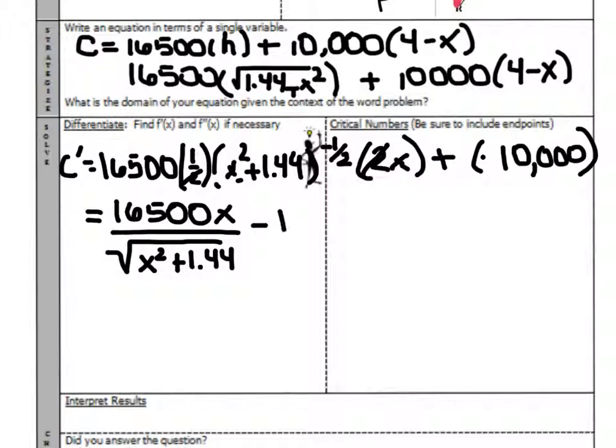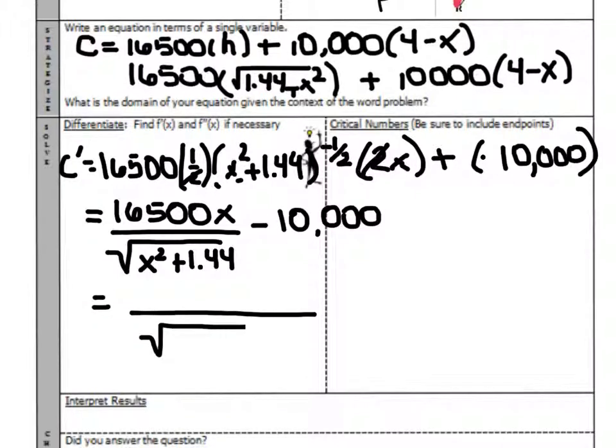minus 10,000. Now, because we're looking at critical points, we need to decide when the numerator and denominator are equal to 0. So we need to simplify this equation so that it's a rational equation. So the common denominator will be the square root of x squared plus 1.44 and 16,500x minus, and then we would have to multiply it by the common denominator.